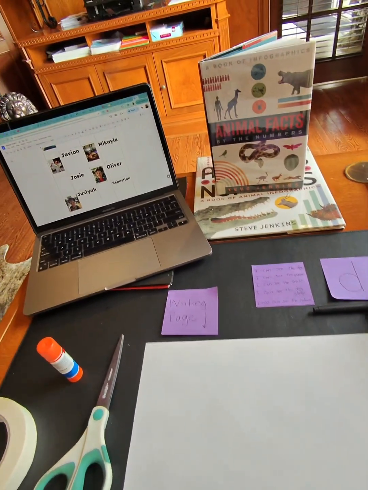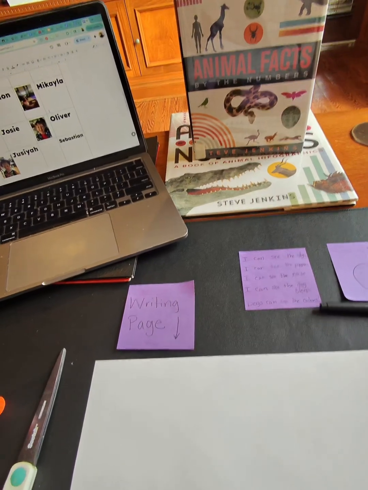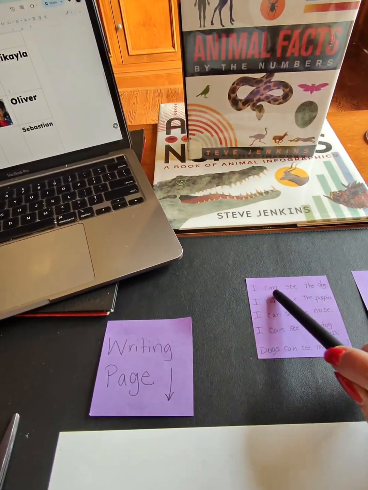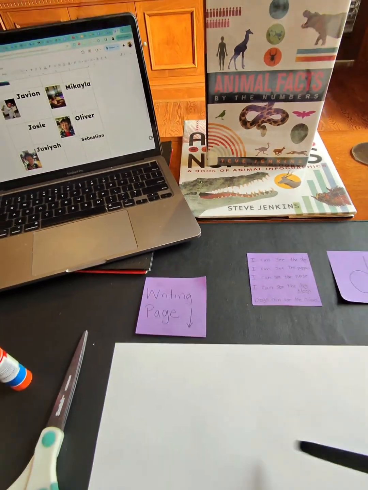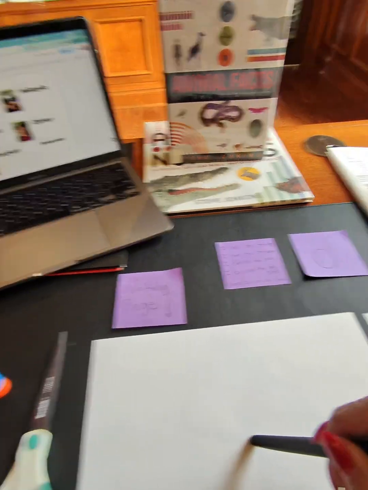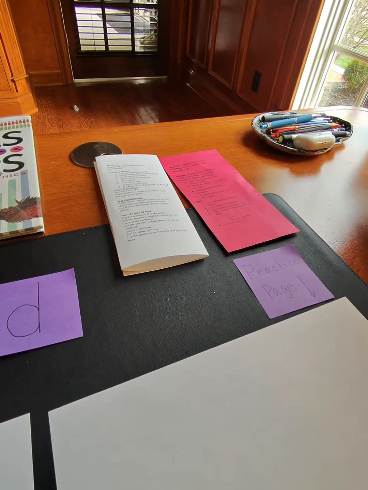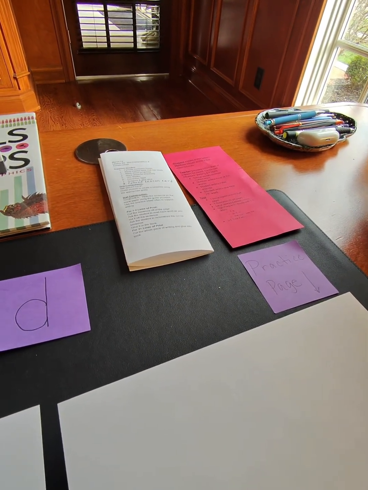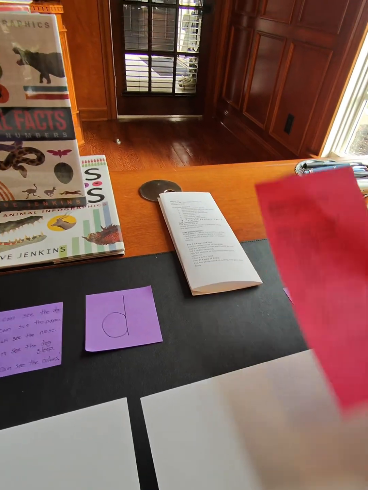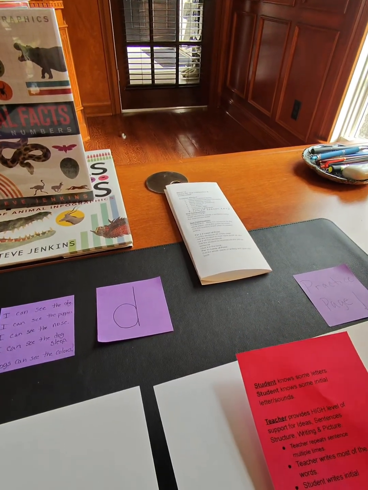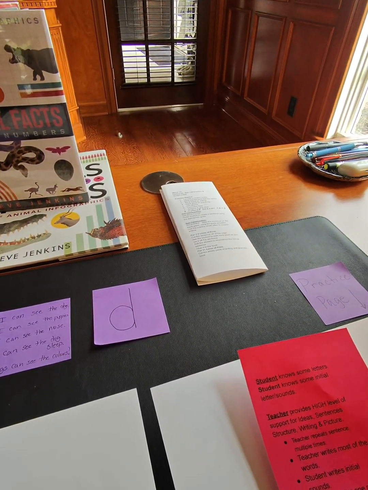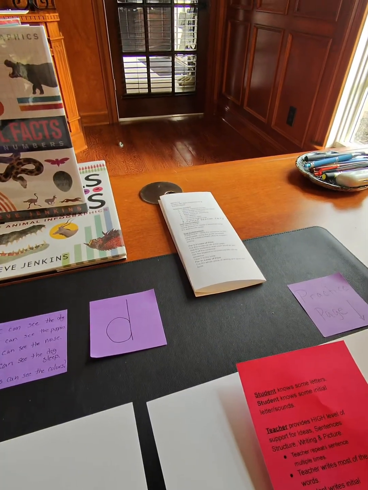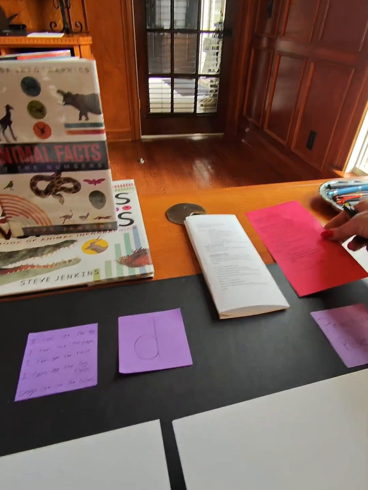We're going to say, I can see the dog. That's the first sentence that I planned. This is where they're going to write that sentence. This is where they're going to practice letters and maybe words, because remember, the student knows some letters and knows some initial letters and sounds.